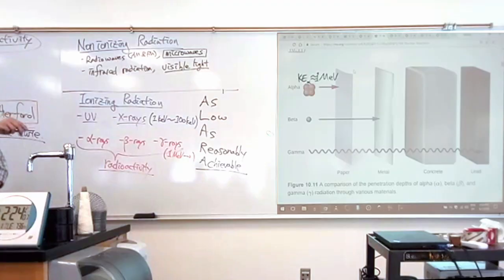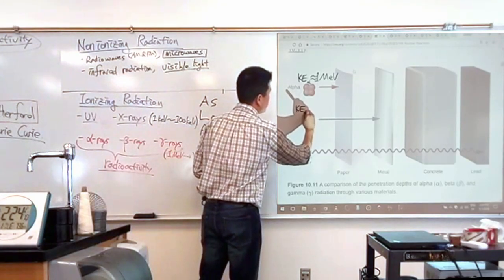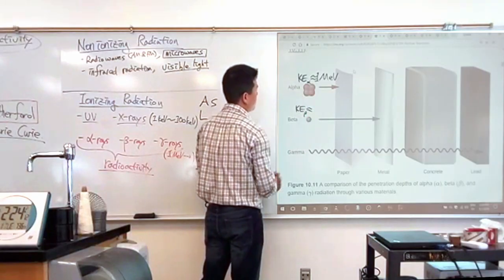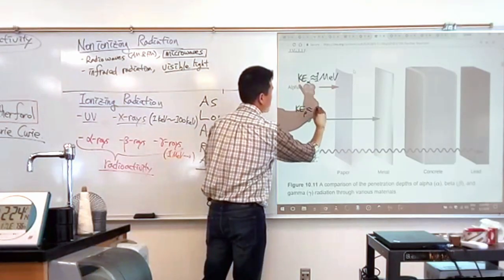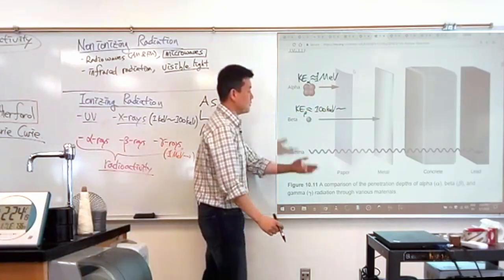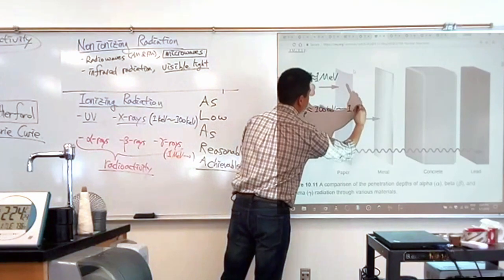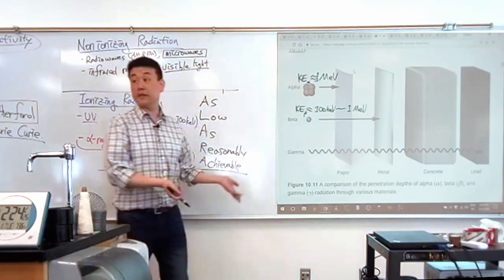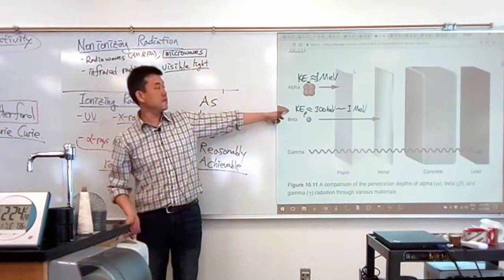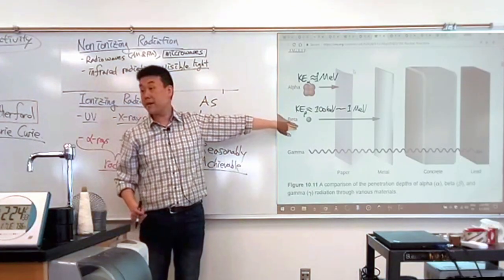The one with the next level of penetrating power is beta ray. And I guess beta energies come in a lot of different ranges. The kinetic energy of beta ray, I've seen numbers as low as 100 keV and as high as, let's just say 1 MeV. So in terms of the energy, the beta ray isn't all that different from alpha, but the beta rays are more penetrating.